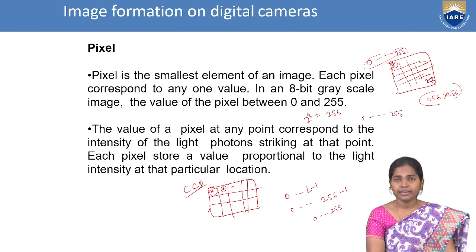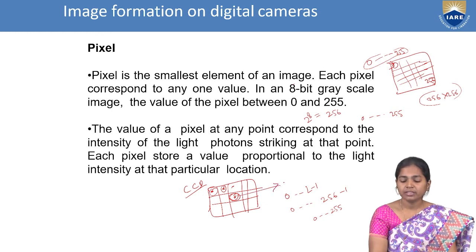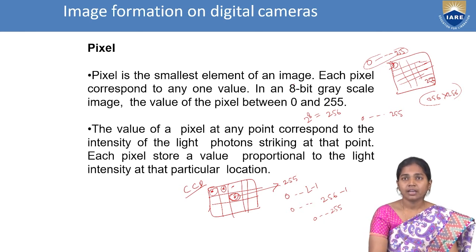Whatever light energy falls on a sensor, suppose maximum energy falls on this particular sensor, it senses the maximum photons and gives the maximum output voltage, that is, the gray level, for example 255. If less energy falls on this sensor, the sensing of photons is reduced, and the gray level value is, for example, 55.